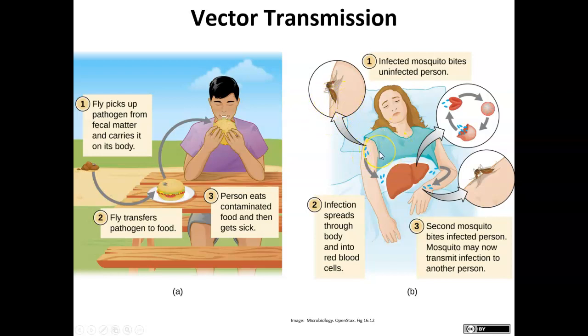It takes a blood meal and sends the larva into the individual. The individual becomes sick, and then another mosquito comes along and takes a blood meal and takes in those protozoans, and those protozoans can now replicate sexually inside of the mosquito.